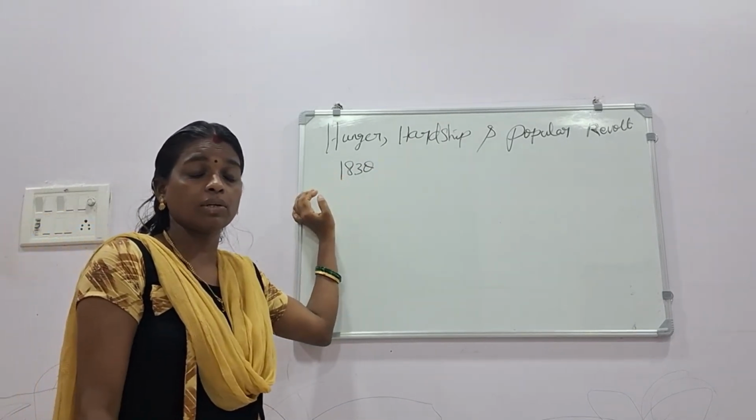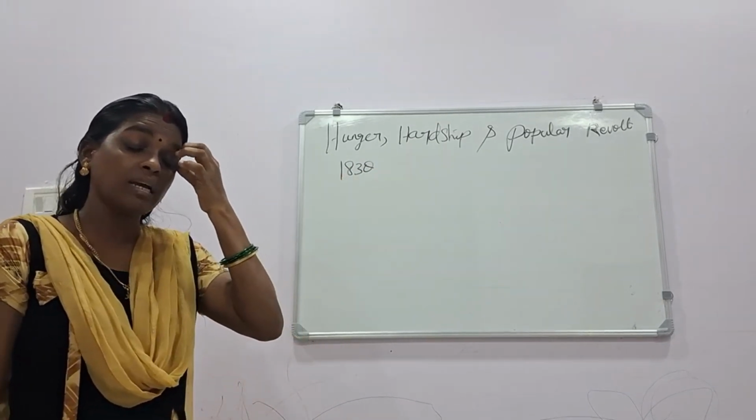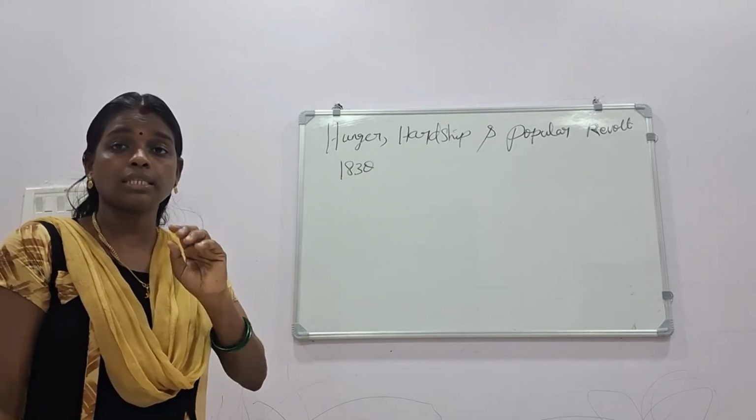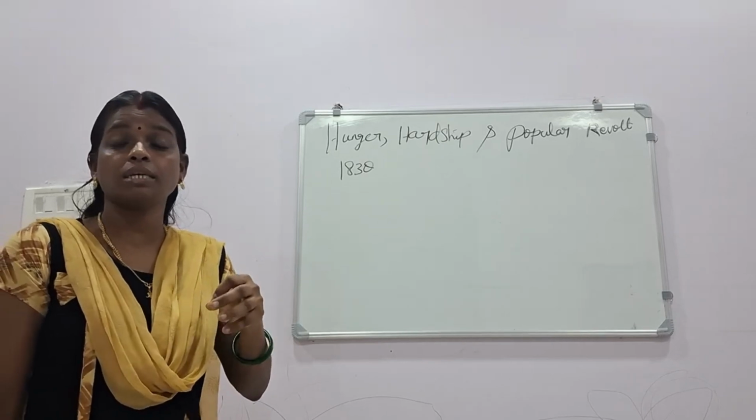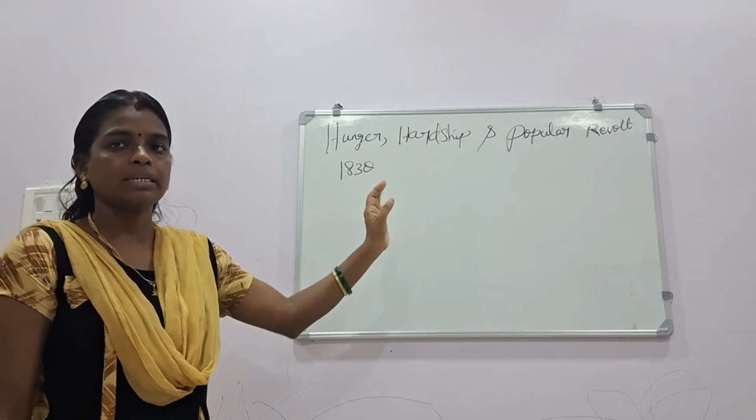In the beginning of the class itself I told you, Europe doesn't mean any particular country. It consisted of many countries. All the European countries had more population. The population had increased by the 1830s.